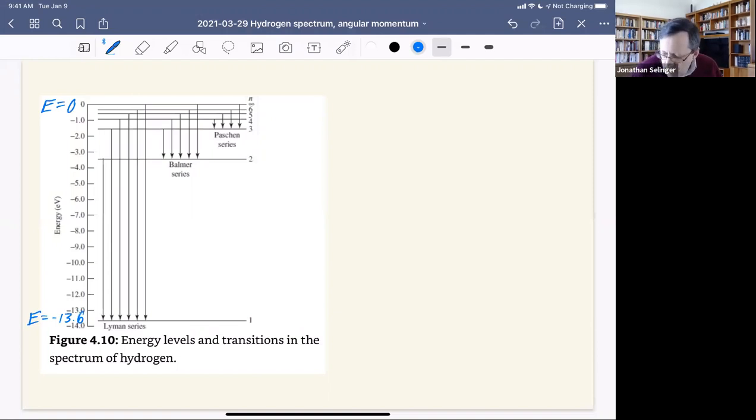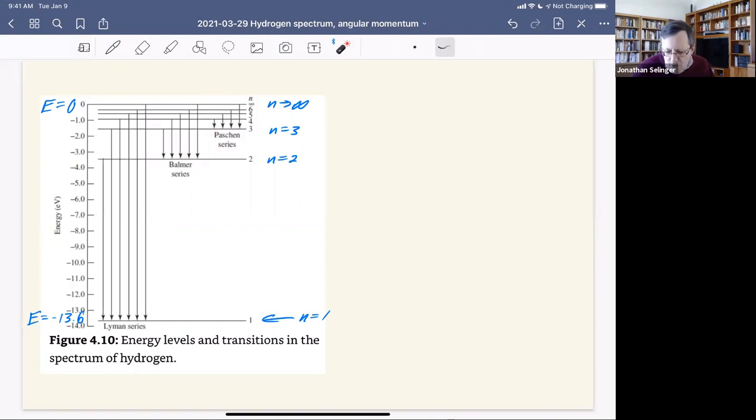And so you can see that down here, this is the level for n equals 1, and then n equals 2, n equals 3, and then n goes to infinity up there at E equals 0. So you can see that the levels are getting more closely spaced as you approach infinity, right? That there's a big spacing between n equals 1 and n equals 2. And then the spacing gets smaller as you go on up, like based on the 1 over n squared kind of relation.